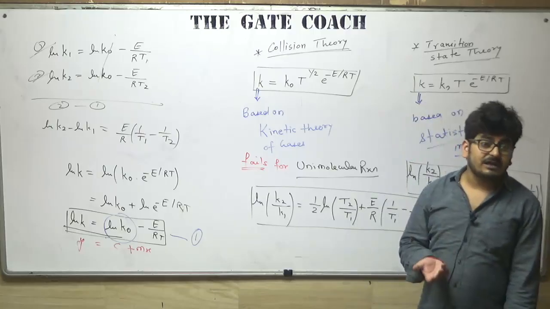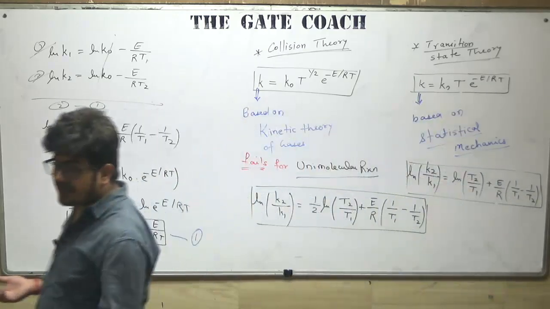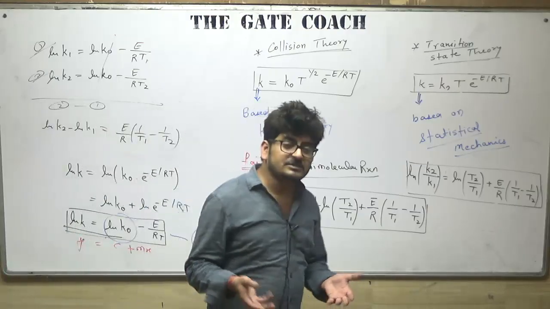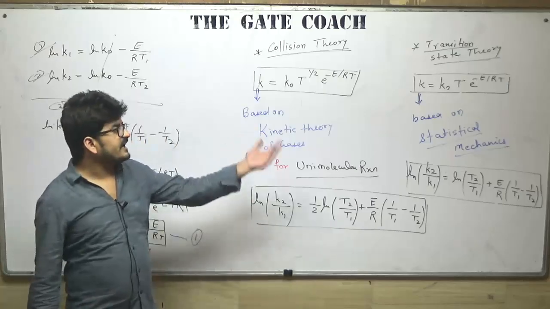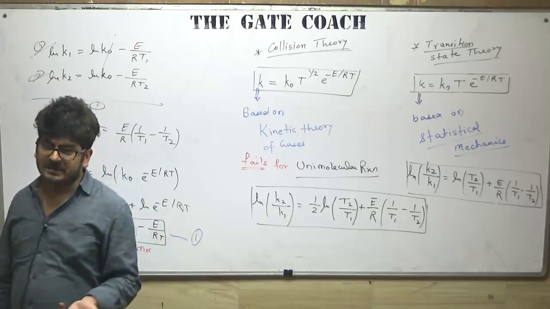But what about the liquids? Liquids can never behave like an ideal one, because as such there is no effect of temperature or pressure on the liquids. So that's why they say that transition state theory is more accurate for the liquid phase reactions.